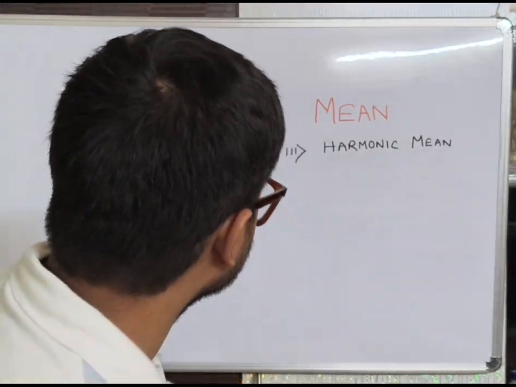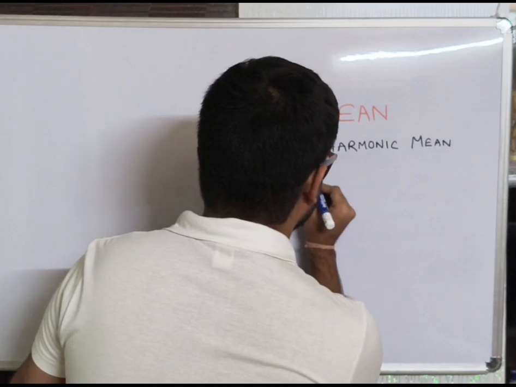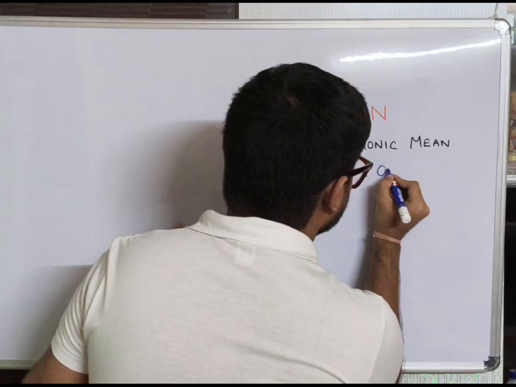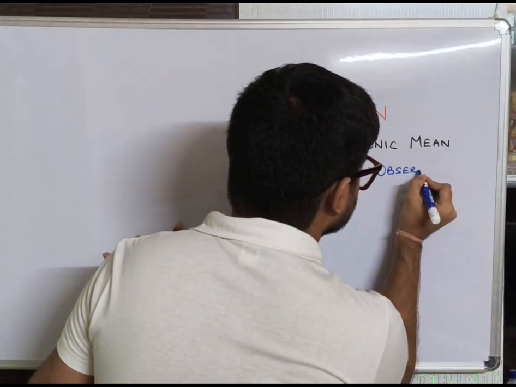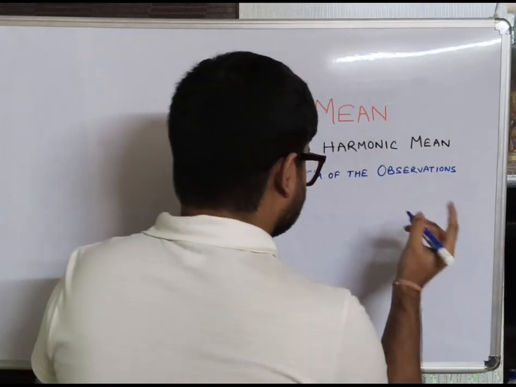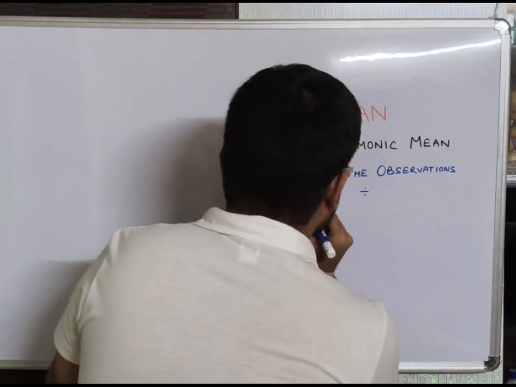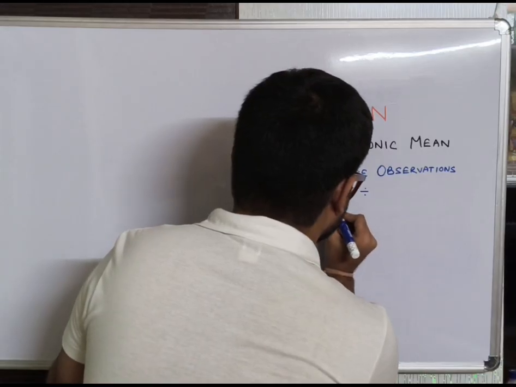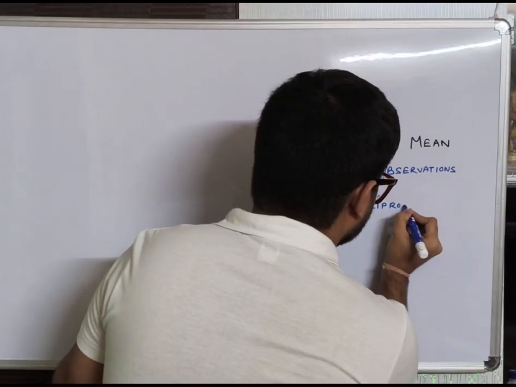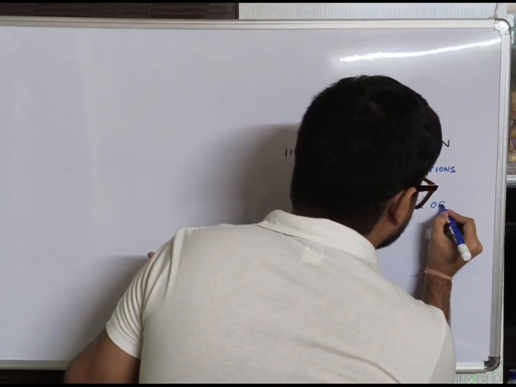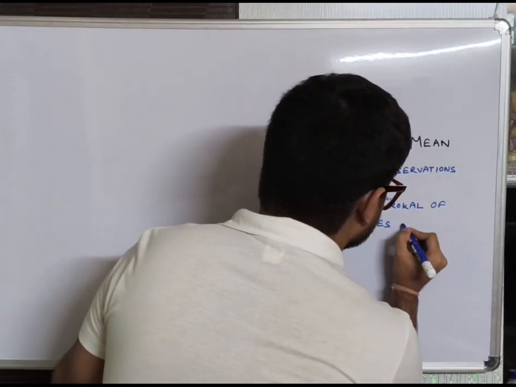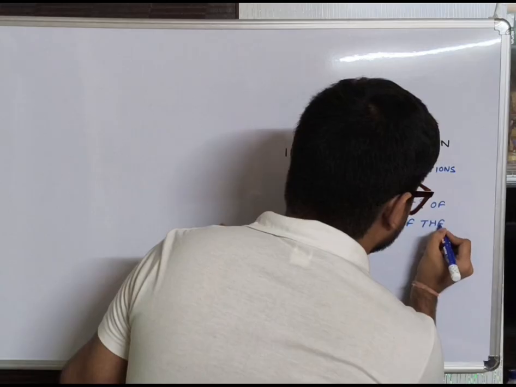So the number of observations of a data set is divided by the sum of the reciprocals of the values of that data set.